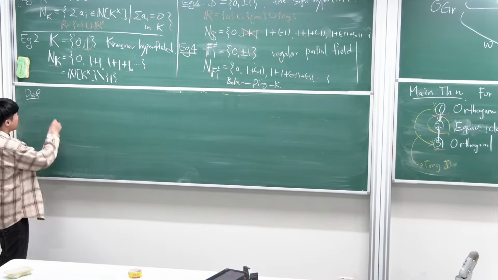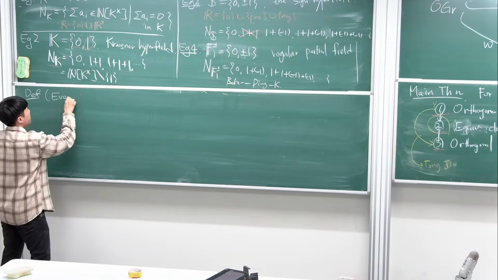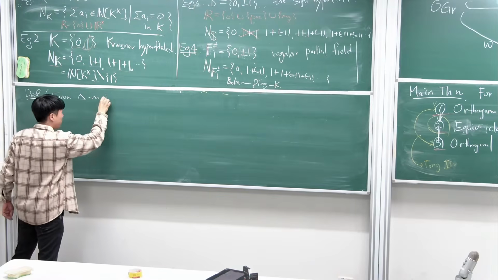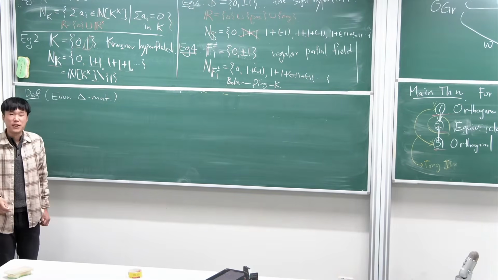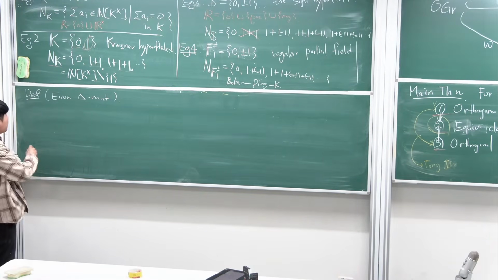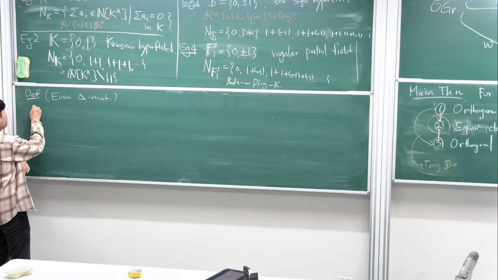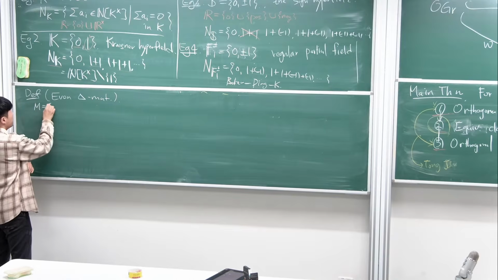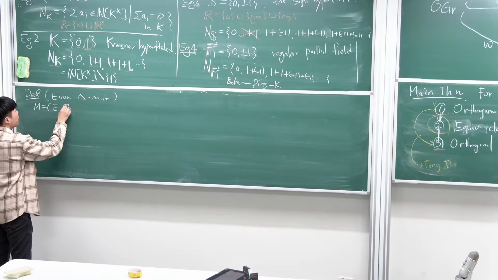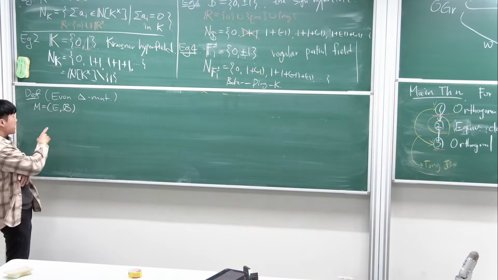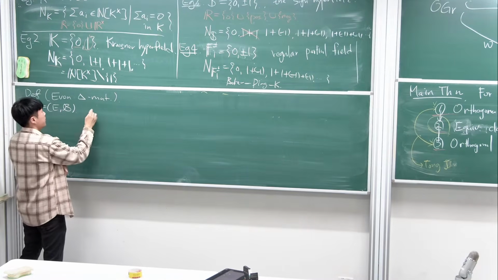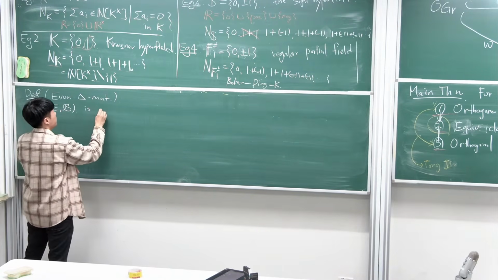Okay. So let's give you the definition of the even delta matroid and some very interesting examples. Here, an even delta matroid is a pair consisting of a finite set E together with a set of subsets of E, a set system.